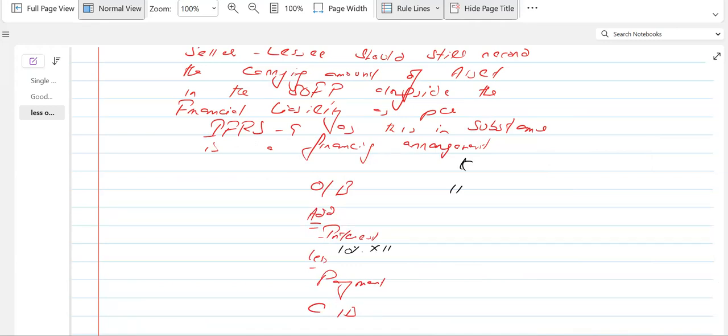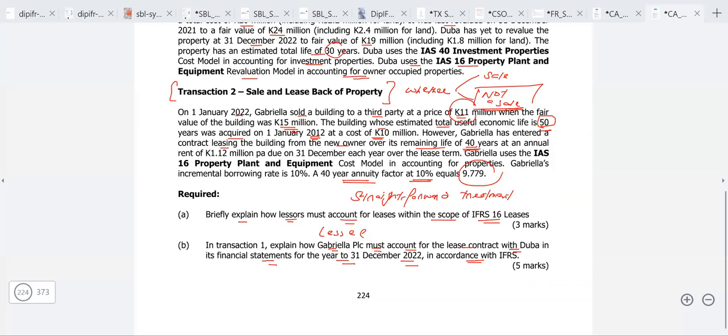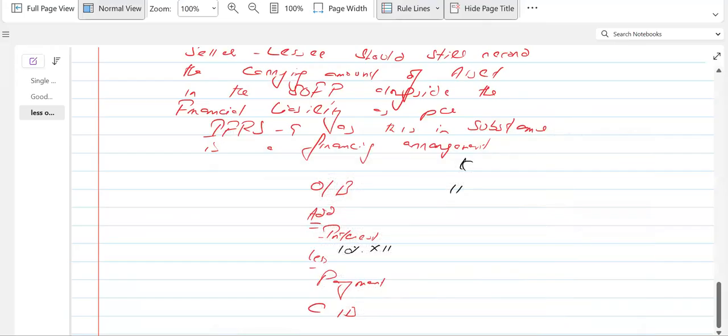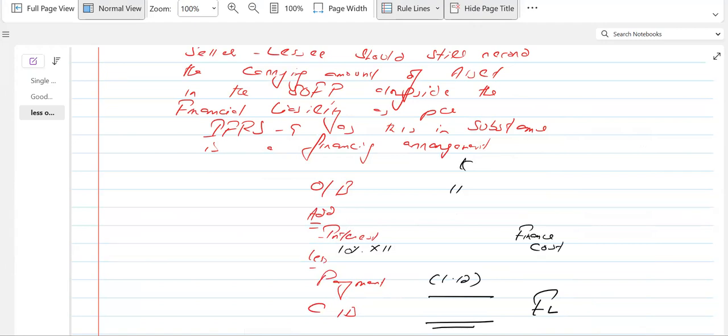And the lease payment is 1.12 million every year. Less 1.12, you get the closing balance. This closing balance is your financial liability, which is a non-current liability. And this is your finance cost in the statement of profit or loss.